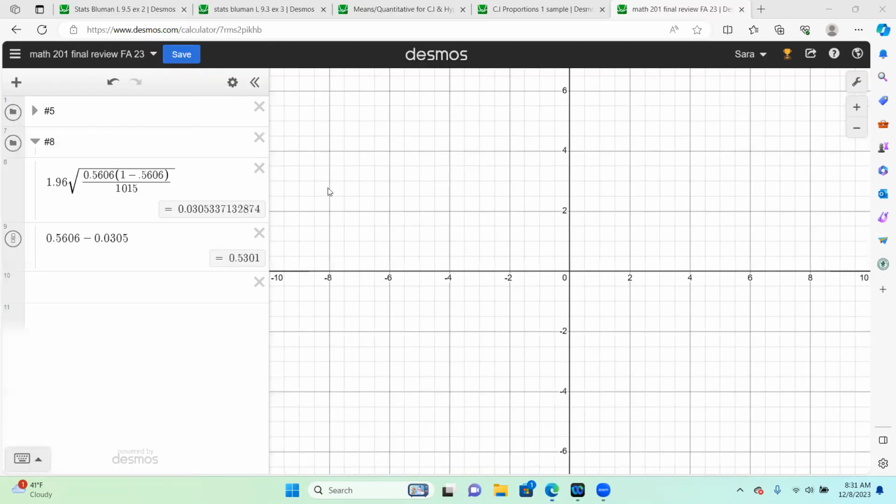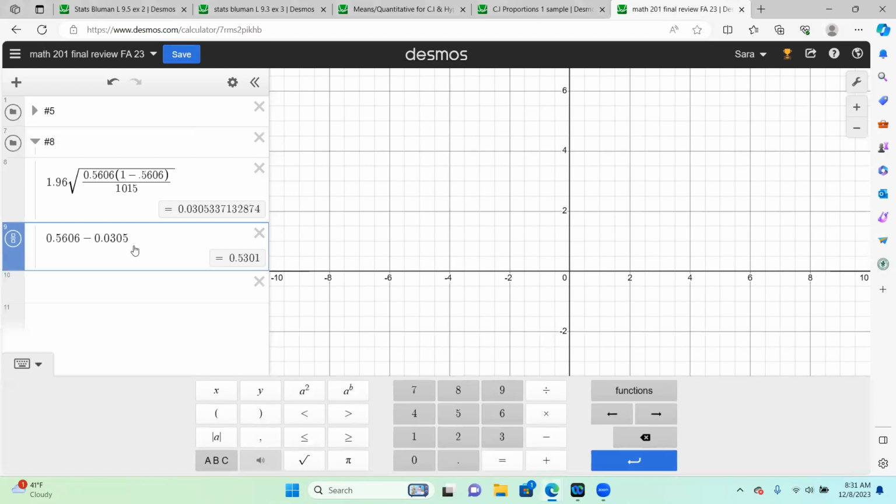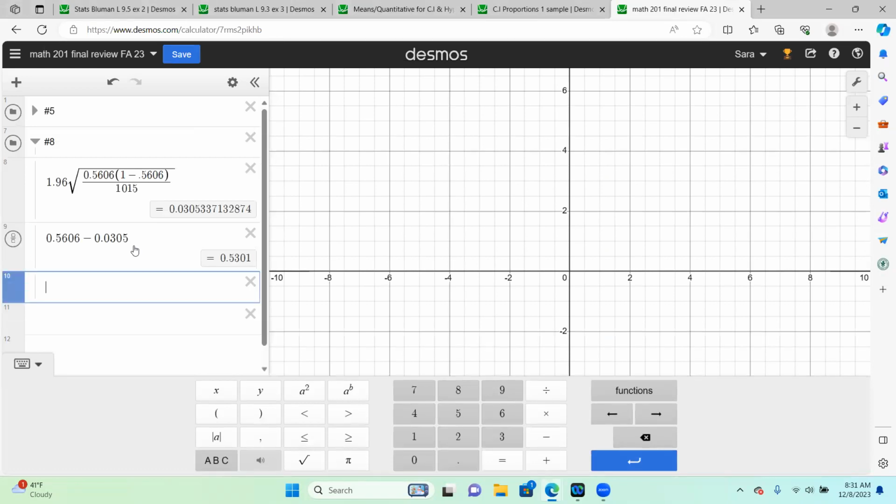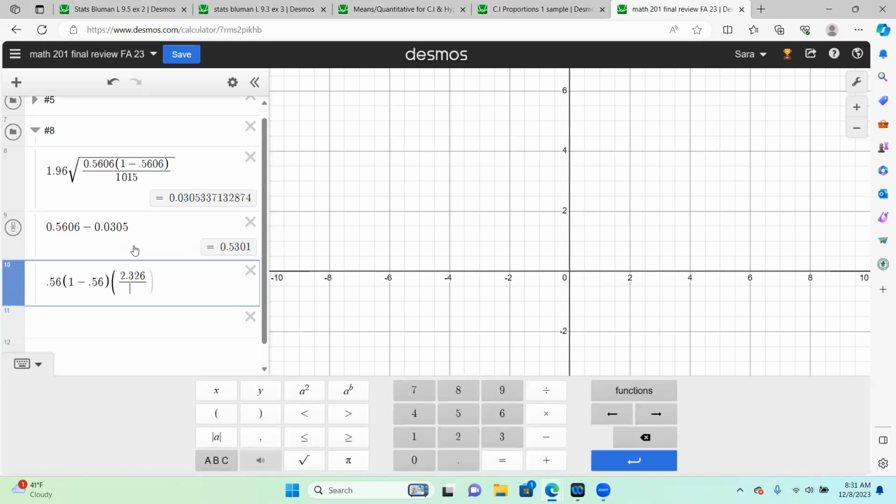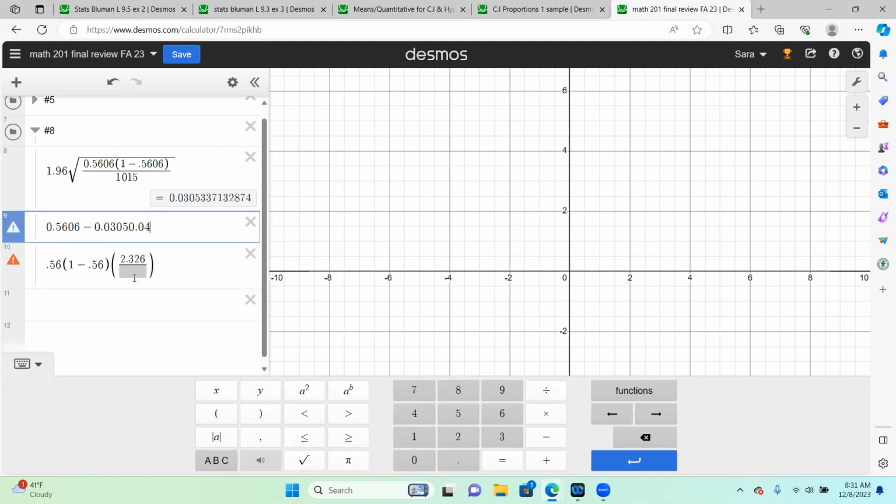And let's go to Desmos and type this in. So it is 0.56 times 1 minus 0.56 times 2.326, which was the z that we just found, divided by 0.04.